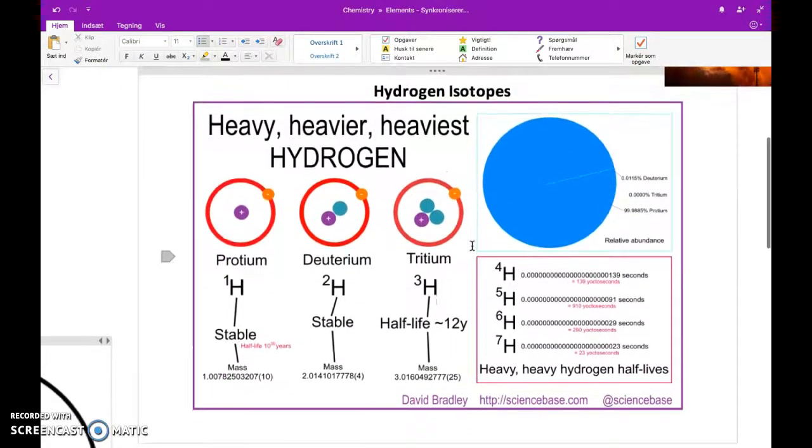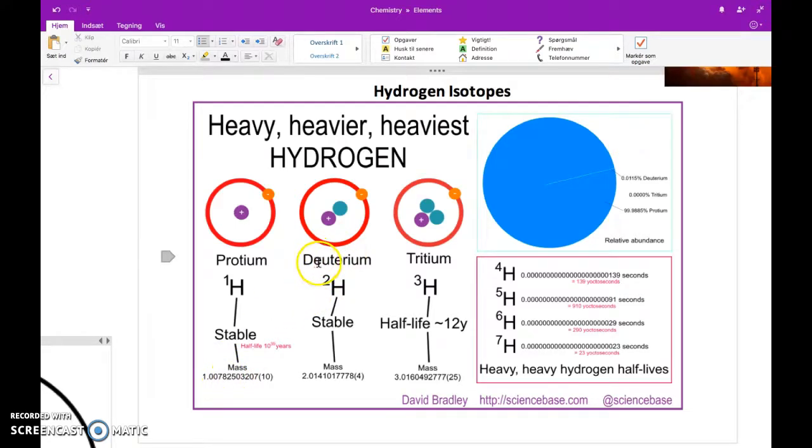And these are all the hydrogen isotopes, and they exist freely in nature. And here you can see it's heavier since they all gain weight. Here's the first one, protium, which we had a look at before. It has 1 proton in its nucleus and 1 electron in its outer shell. Therefore, it's stable. And it has the mass of 1 unit.